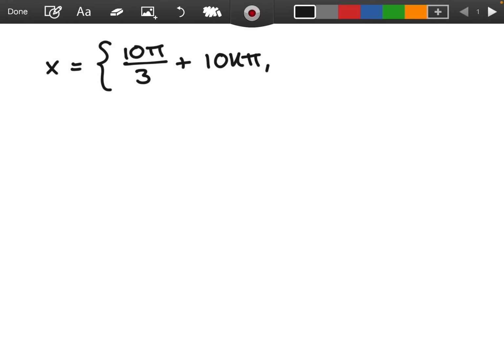So now to find my solution, I just multiply everything through by 5. So that would give me that my set x is equal to 10 pi over 3 plus 10k pi, and then 25 pi over 3 plus 10k pi.